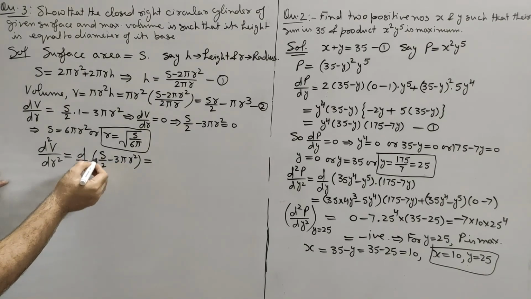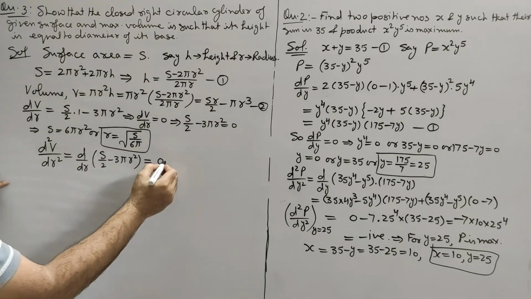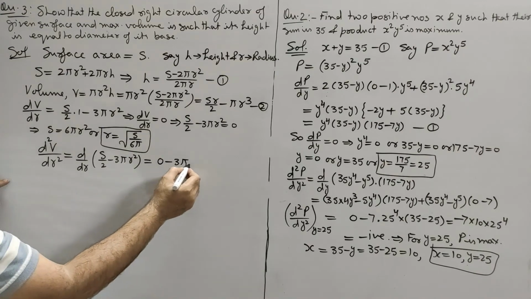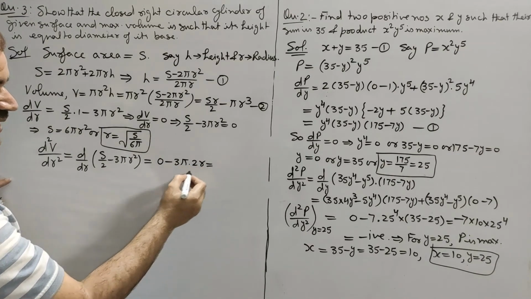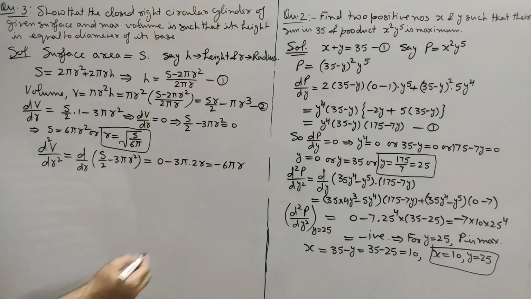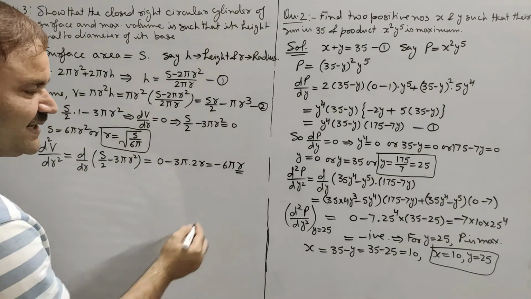This is equal to differentiation of S by 2 will be 0, because S is constant, minus 3 pi into differentiation of r square will be 2r, and this is minus 6 pi r, and r, that is radius of cylinder, can never be negative, so minus 6 pi r means d square V upon dr square will always be negative.